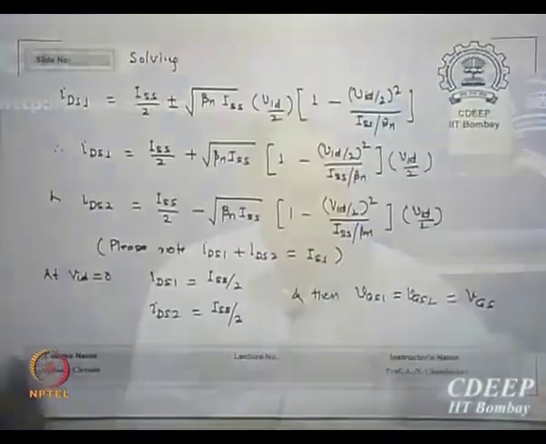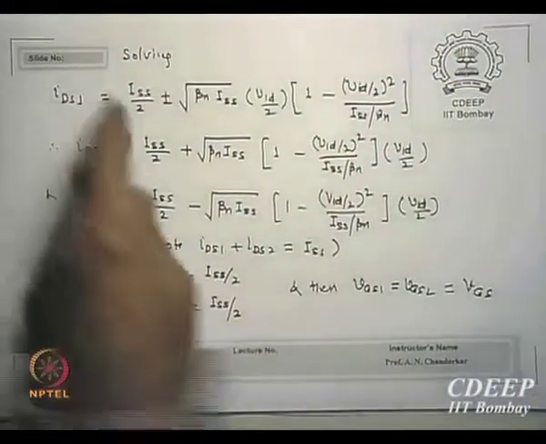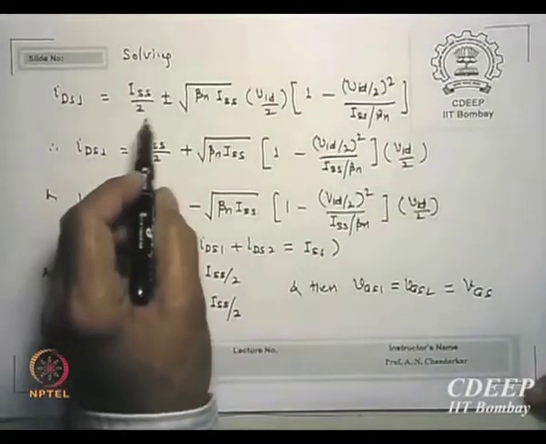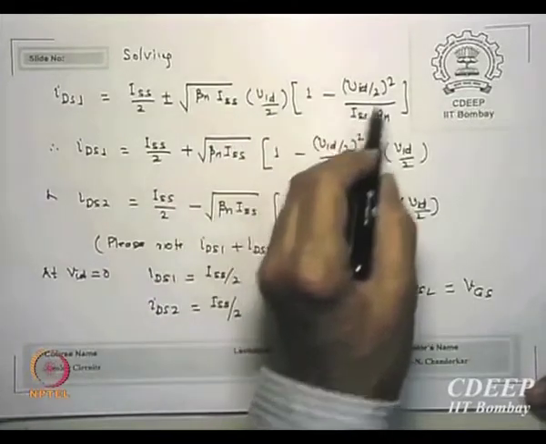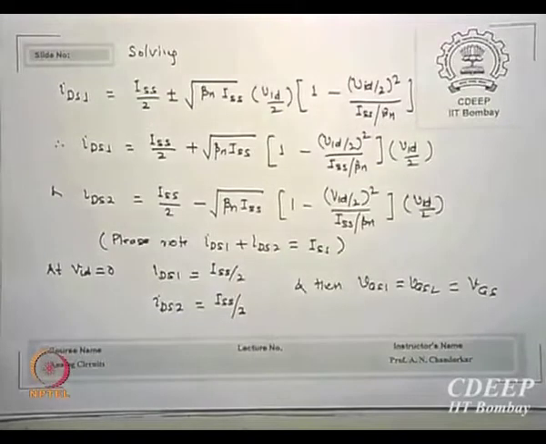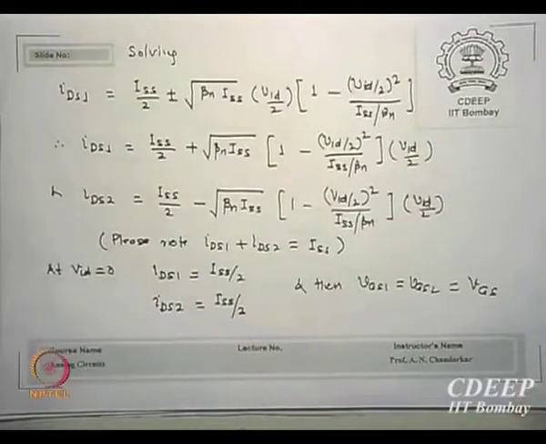So if I now substitute, I go back into my IDS1 term and IDS2 term using the expression which I just got, I can prove that IDS1 is ISS by 2 plus minus the square root term of beta and ISS, VID by 2, times square root of 1 minus a term in VID square. This is a quadratic equation solving and this is what we did. So by this I can get this current and this current, IDS1 and IDS2.